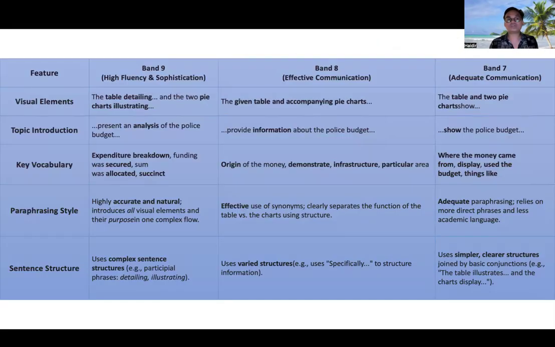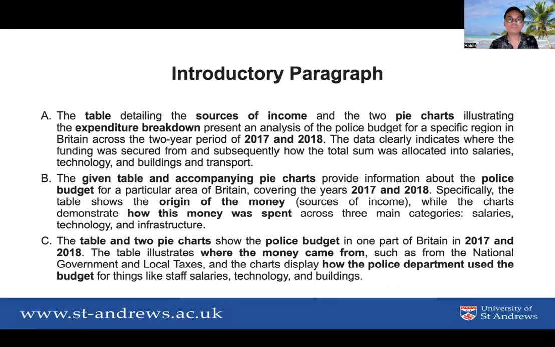Also, previously, you have compared the most ideal introductions for this prompt. So I'm assuming you have learned something here. You can also take a screenshot or pictures of this for your reference.